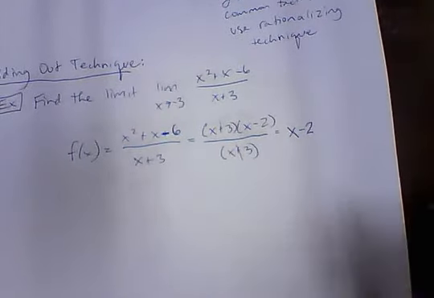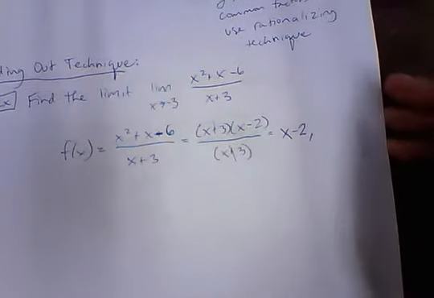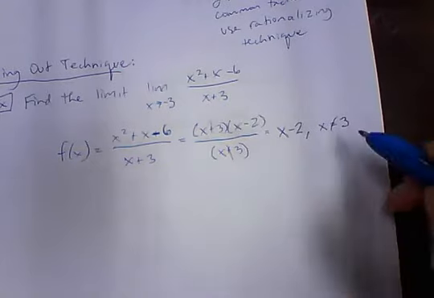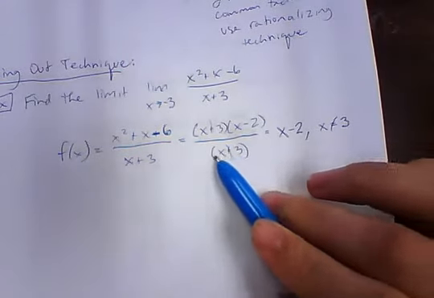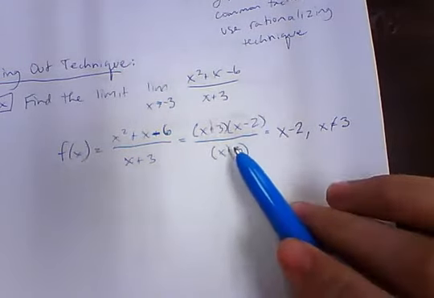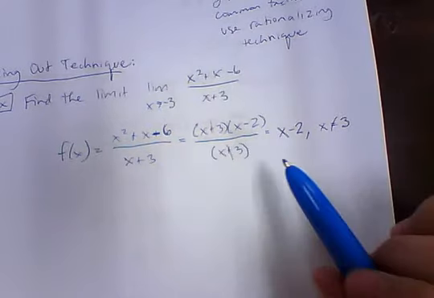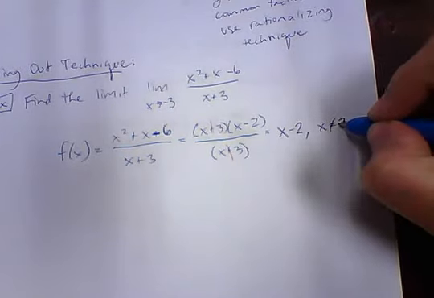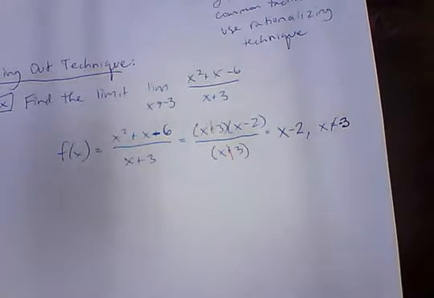So, it's important to note also that we need to state that x can't be equal to negative 3. Because on the bottom here, before we divided it away, x can't equal negative 3.